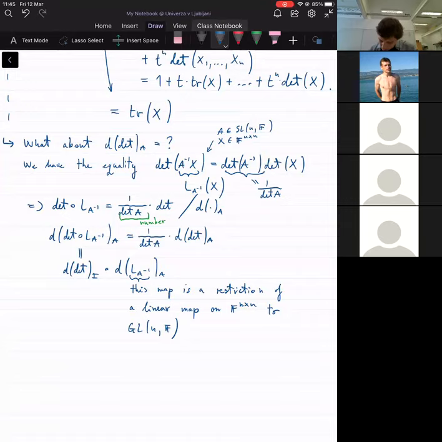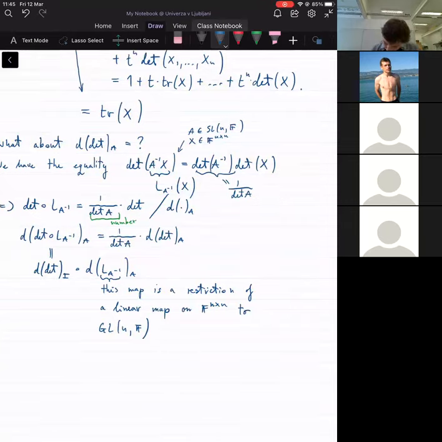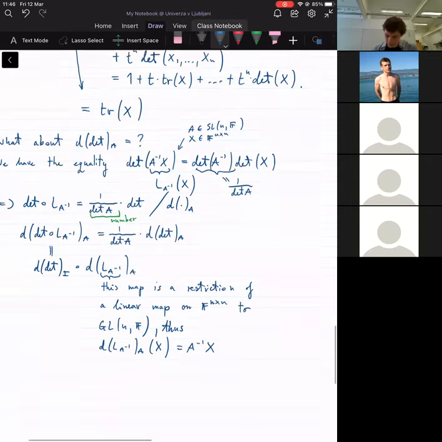Okay, so this means thus d of L_{A^{-1}} at point A of x is nothing else but the original map, L_{A^{-1}}, which means A to the power of -1 x, right?